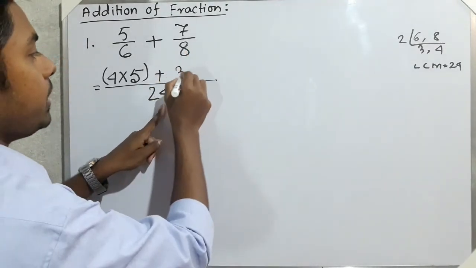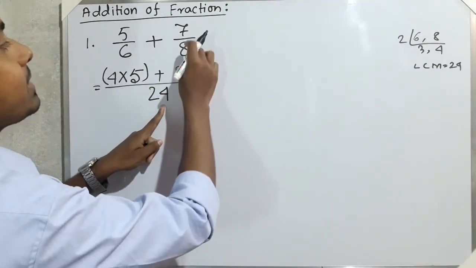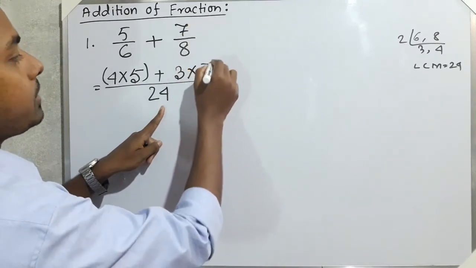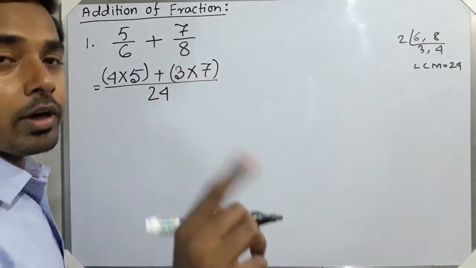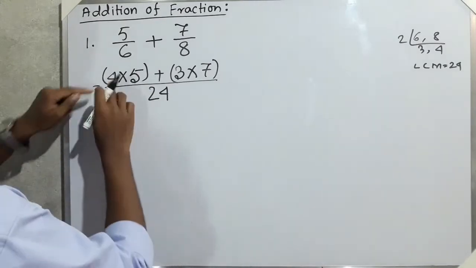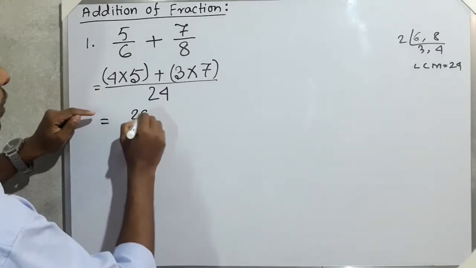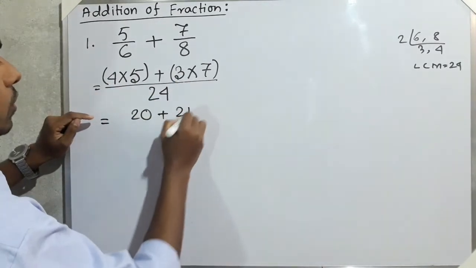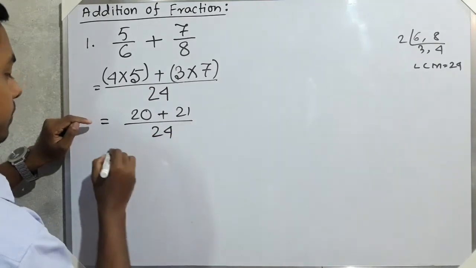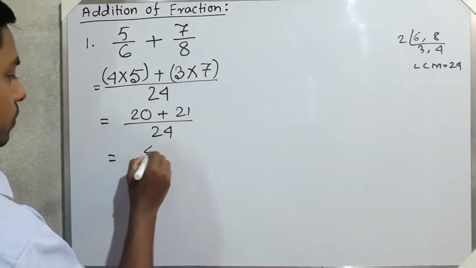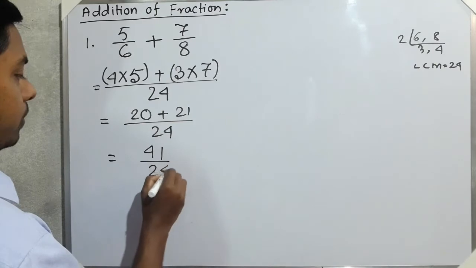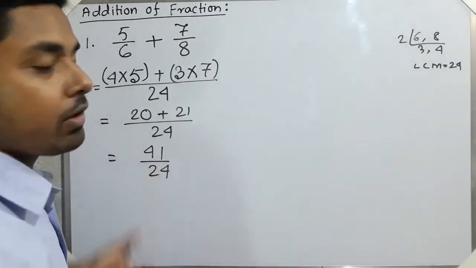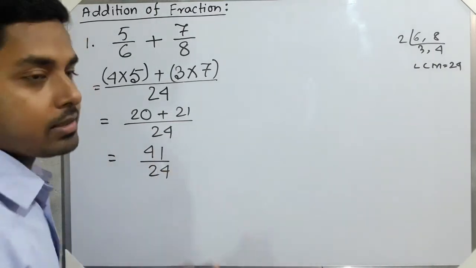Now this 3 into its numerator 7. Okay, very easy. So 4 5s are 20, 7 3s are 21, by 24. Now 41 by 24. If it can be cut, then you have to cut it, otherwise it's the answer.